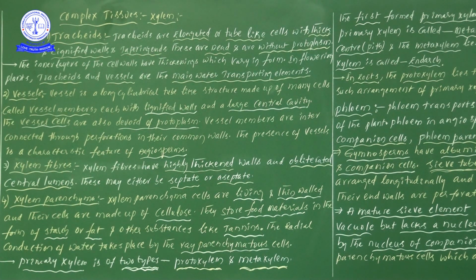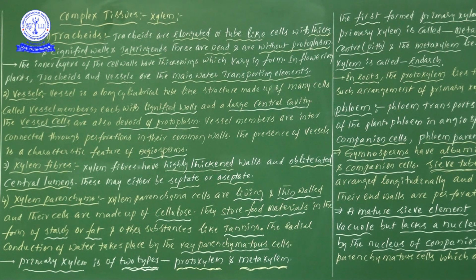Whereas in tracheids, thick lignified walls are there, so the empty space is narrow. Try to remember this point. In tracheids, because of the greater thickness of lignified walls and with tapering ends, the empty space is narrow.